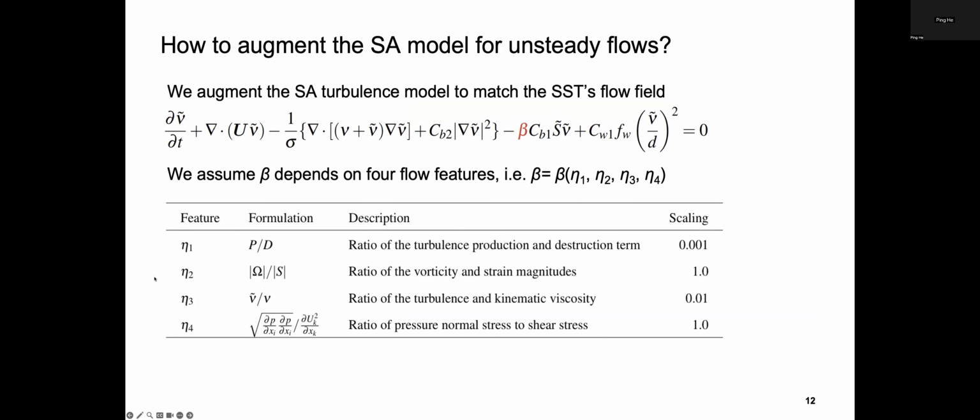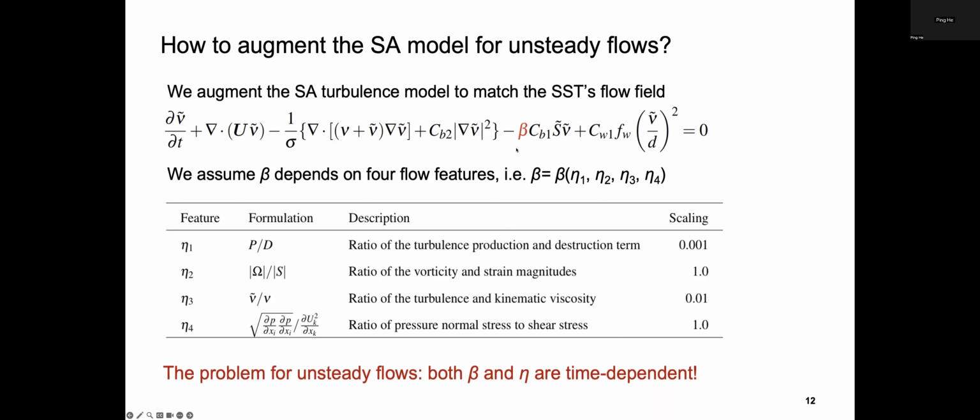For example, we identify 4 features, and maybe you want to use other features. These features are essentially functions of your flow field that represent some physics. So you can think of it as, by tweaking this beta term, we can modify the behavior of the SA model, in such a way that it matches the SST. This is pretty standard FIML.